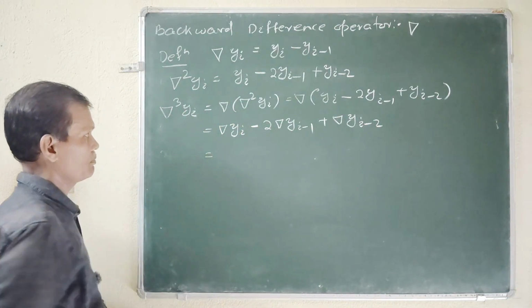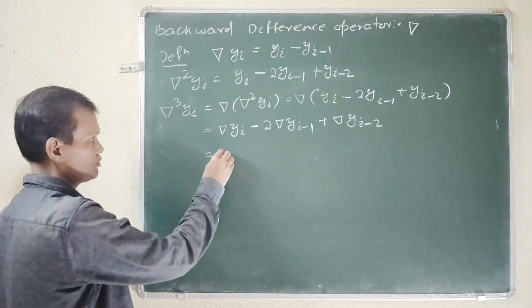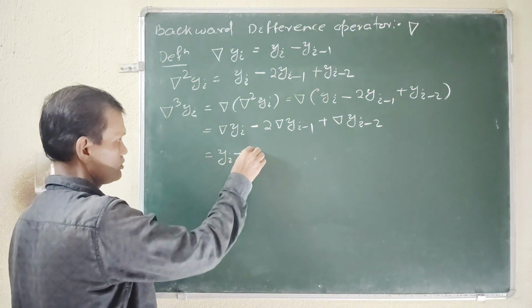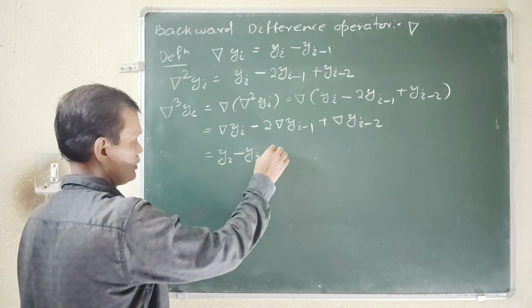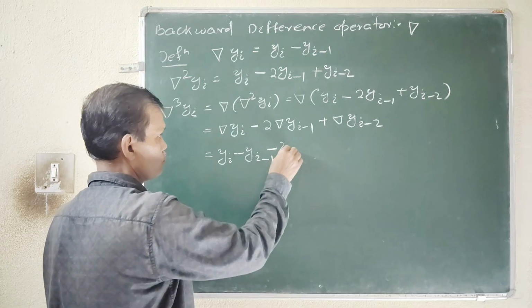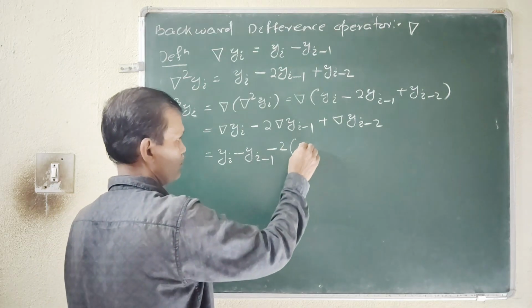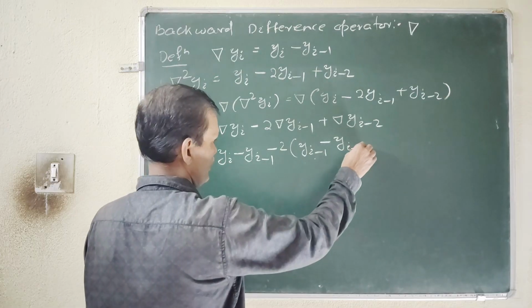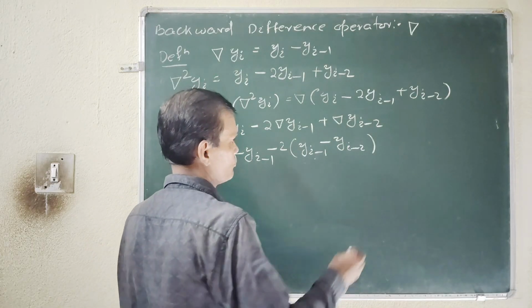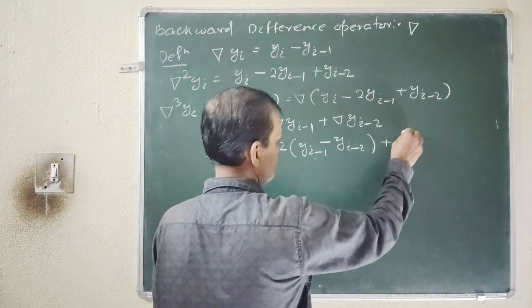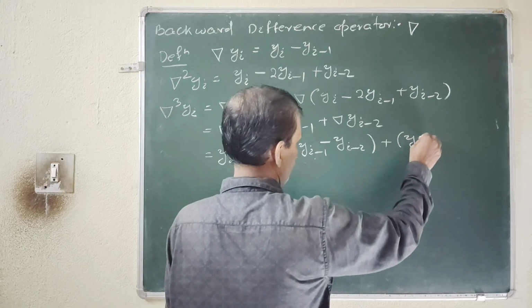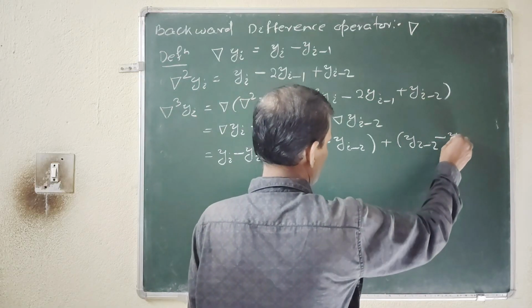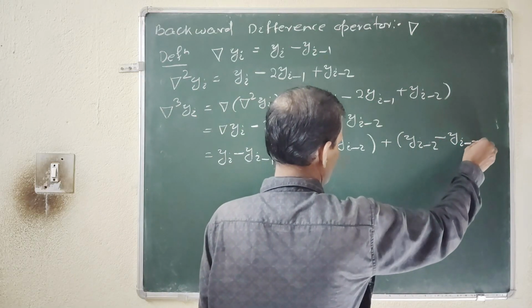That gives yi minus yi minus 1, minus 2 times yi minus 1 minus yi minus 2, plus yi minus 2 minus yi minus 3.